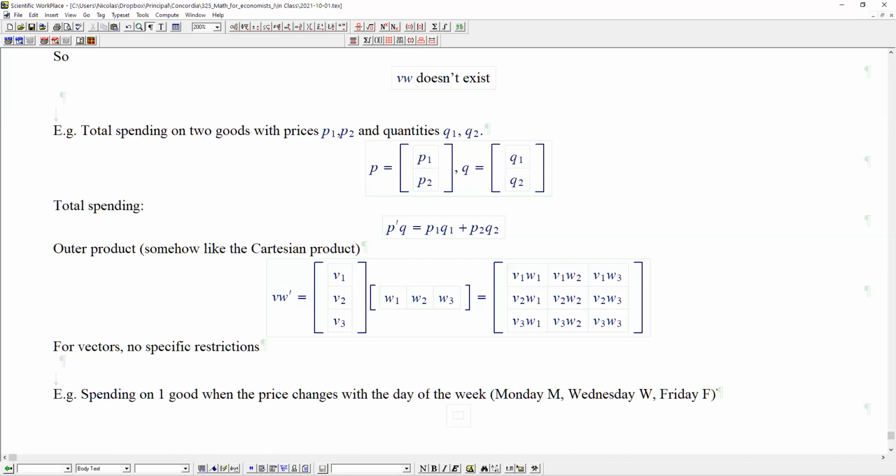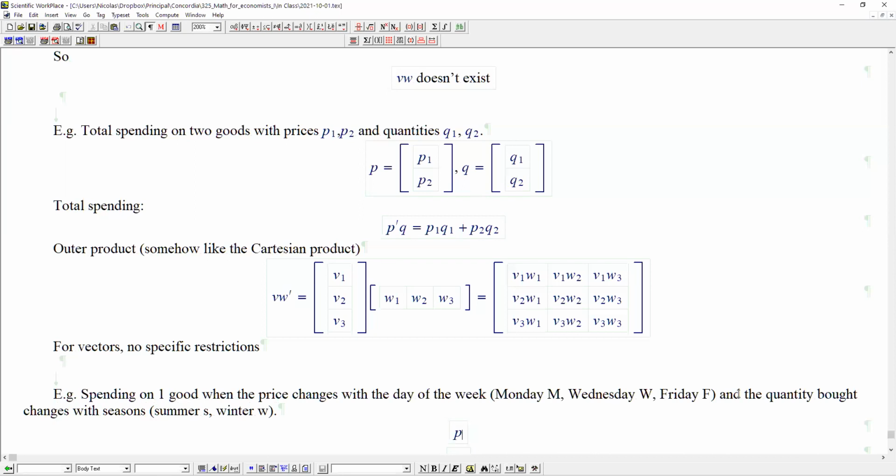And now let's say that the quantity changes with seasons. So I have summer S, winter W. Now I can write it this way.